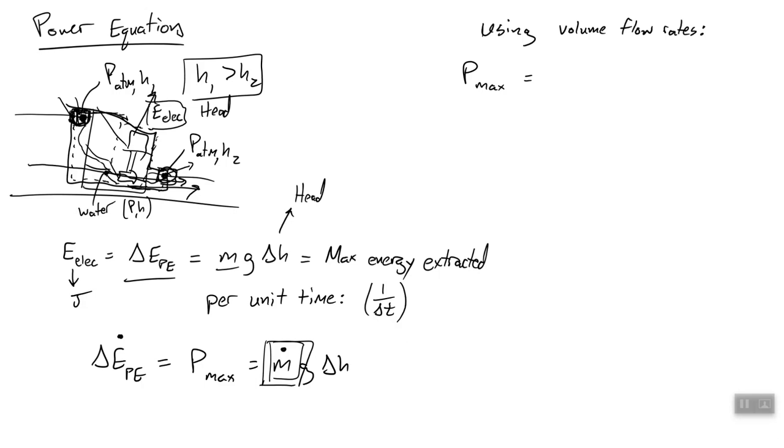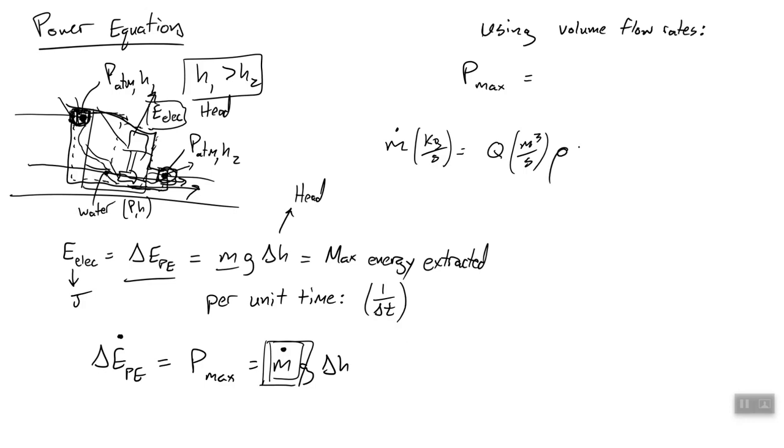And that is as simple as m dot, which is kilograms per second. And we want to get it as a volume flow rate. So let's write our volume flow rate, which we usually write as Q. That's meters cubed per second. So yeah, Q is always just Q. We think of it as volume flow rate, not a dot. And then we need to get this, right? We need to convert somehow from meters cubed into kilograms.